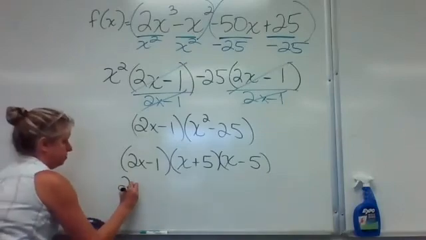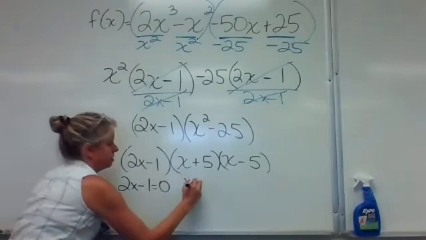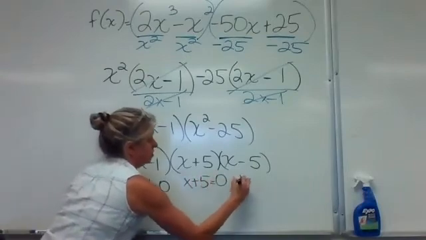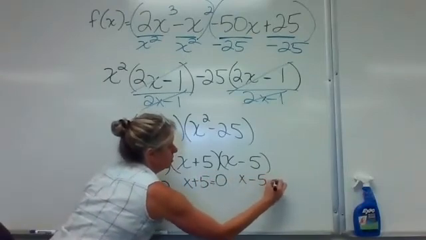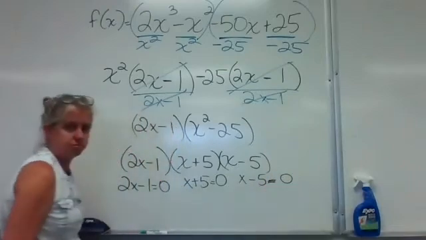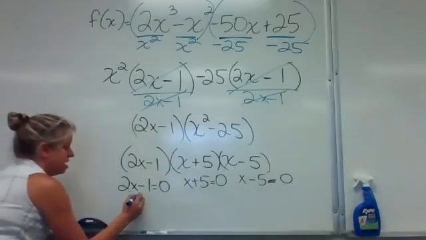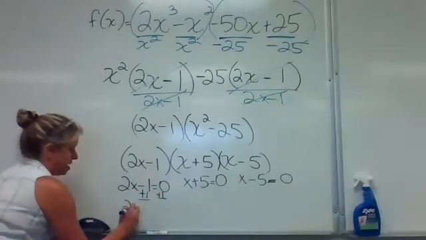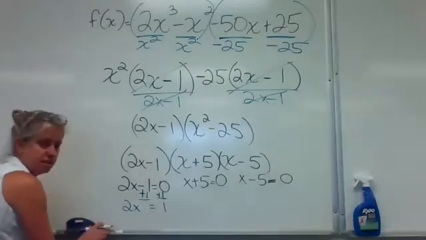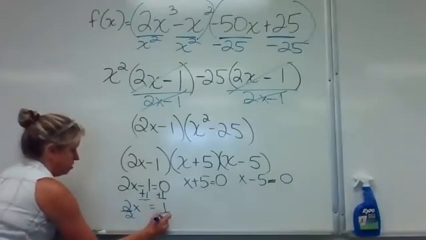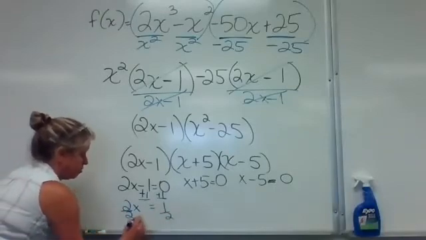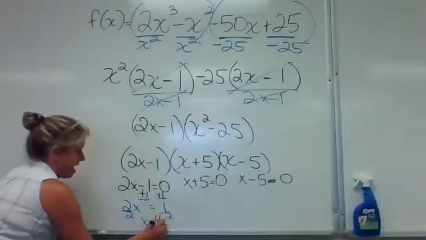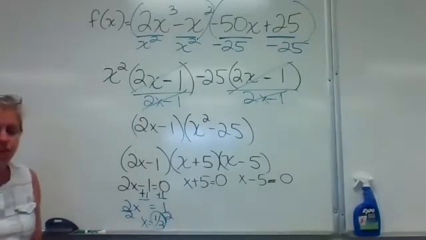You set it equal to 0 and solve them for x. So here I need to add 1 to both sides. So 2x equals 1, and then divide it by 2. So x equals 1/2. So there's your first 0.